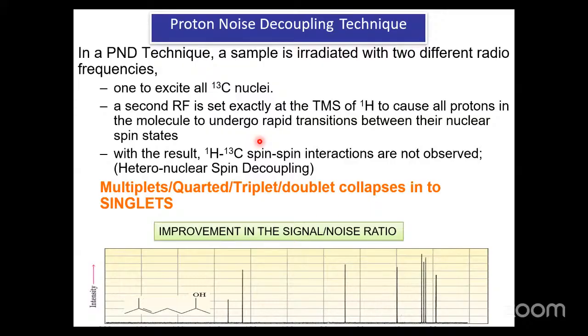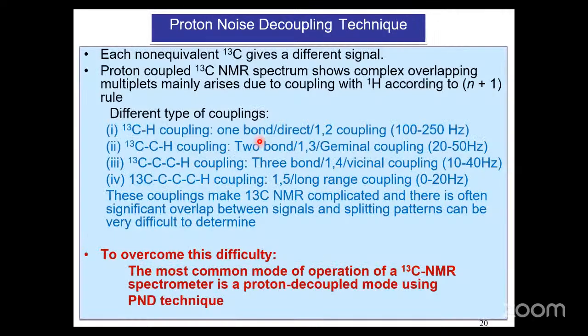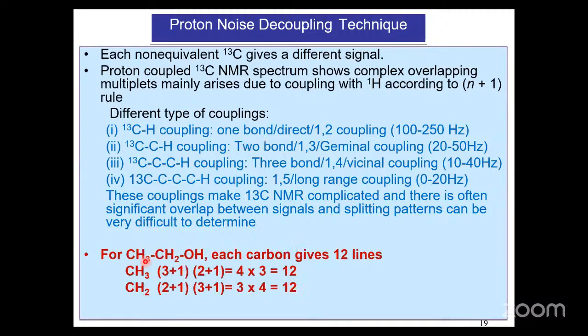So in a molecule containing a carbon-13 isotope, it is unlikely that a second atom in the same molecule will also be carbon-13. For example, in ethanol, suppose this carbon is carbon-13. It is very difficult to have the adjacent carbon also be carbon-13, because natural abundance is just 1.1%.